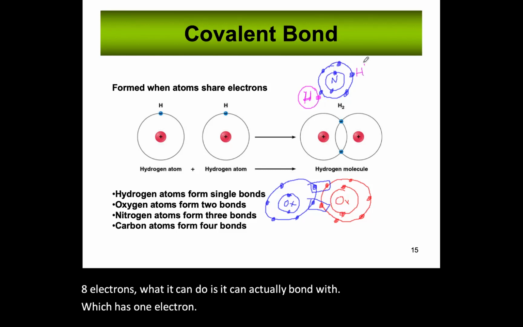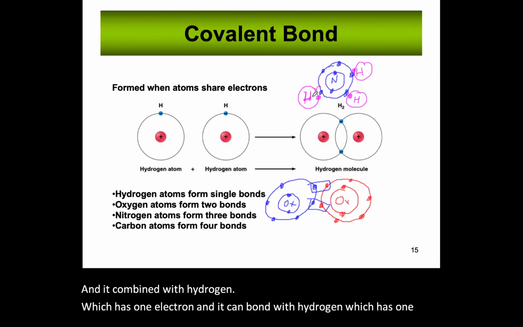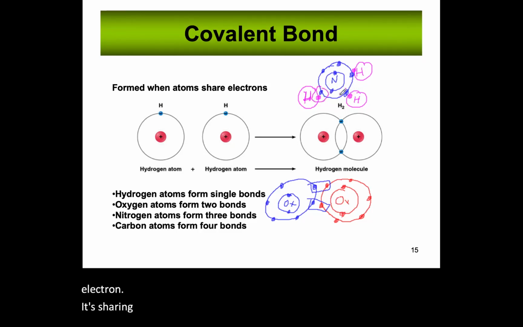And it can bond with hydrogen, which has 1 electron, and again with another hydrogen. It's sharing 1 pair here, another pair there, and another pair there. 1, 2, 3, 4, 5, 6, 7, 8. This valence shell is now full.